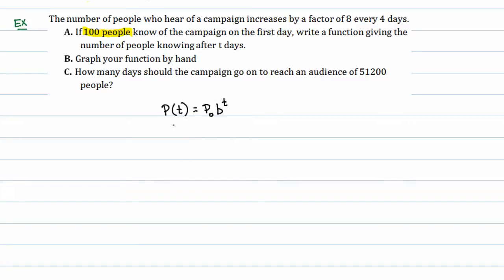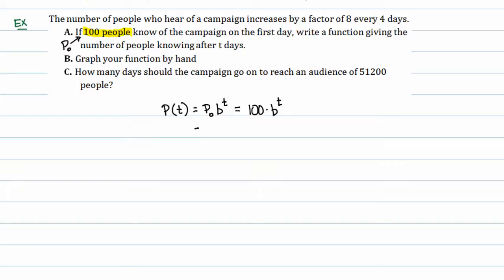That's the exponential function format there, and P naught is just our initial value, our initial number of people. This will be 100 times b to the t power. And now all I need to know is what is b?